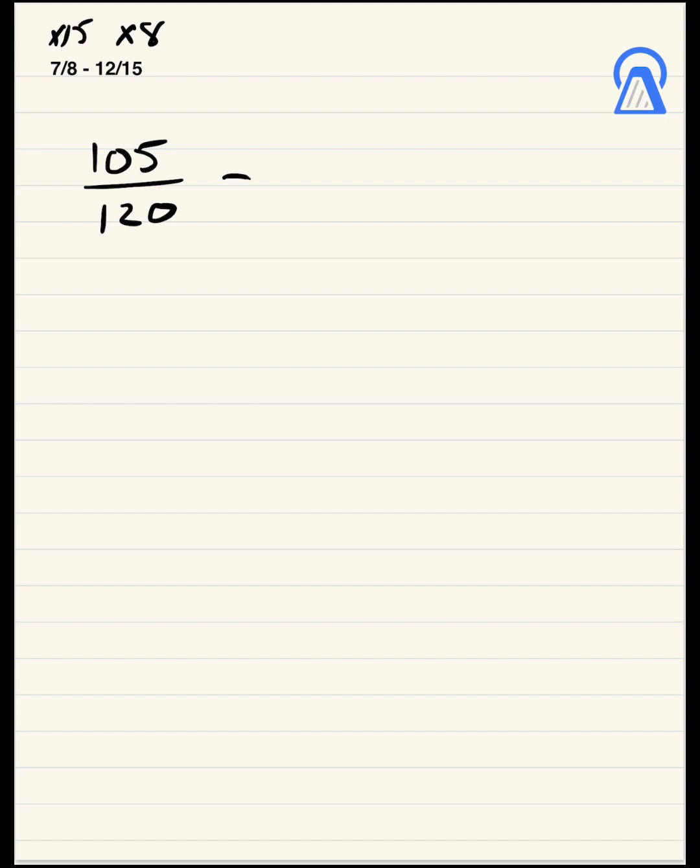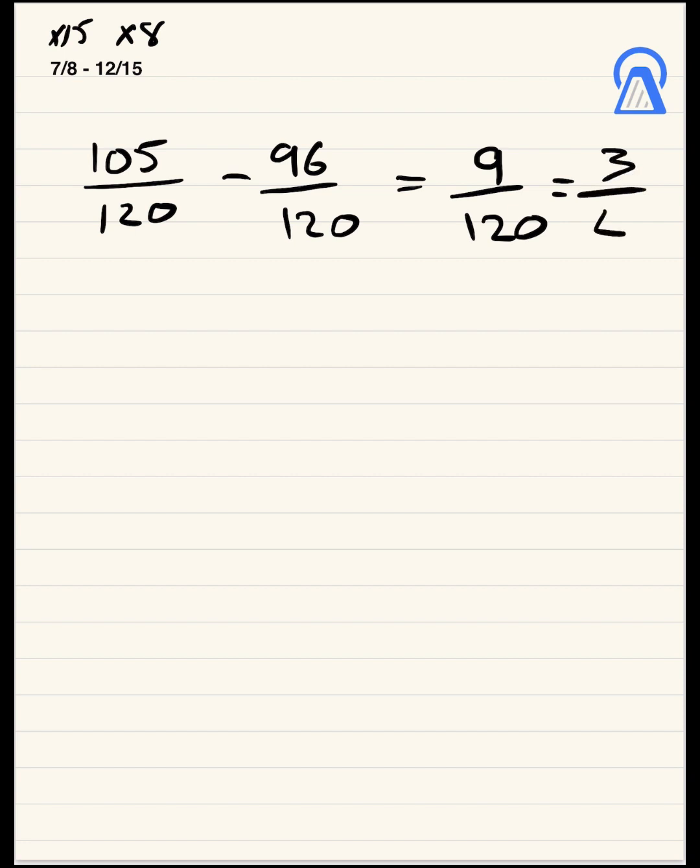And then I need to do 12 lots of 8 to get 96. And now I can do the 105, take away the 96 to get 9 over 120. Well, 9 over 120 can be simplified by dividing by the highest common factor of 3. So I can end up with 3/40. So we can simplify to that.